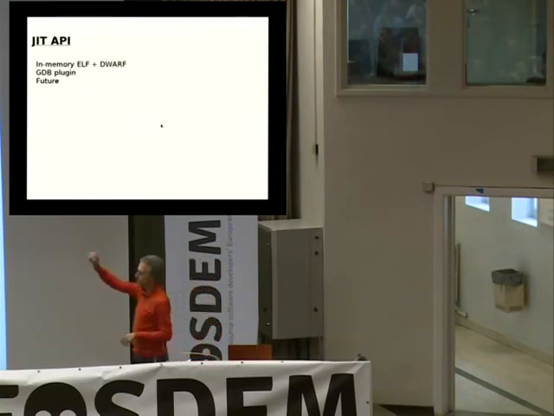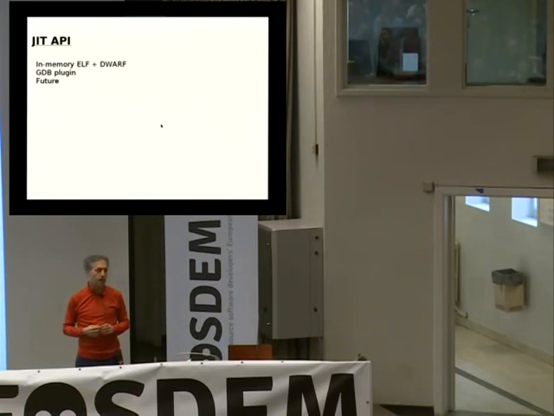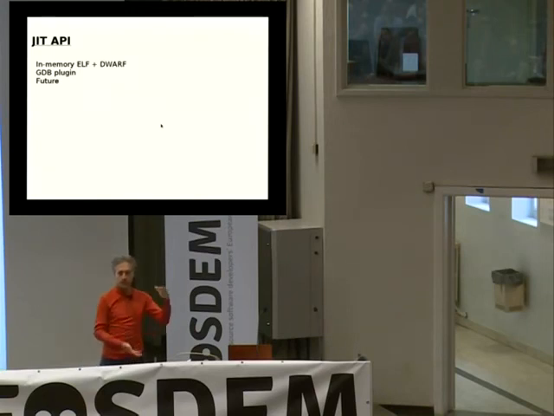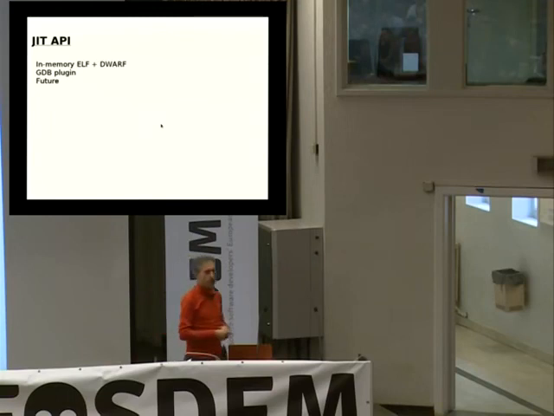And for the future, there are some patches pending to expand that. Currently the API is quite simple. There's only a few things you can tell GDB about, and these patches expand the range of what you can tell GDB about. And I think it would be useful to hook this up to Python. It's just nobody's done that.